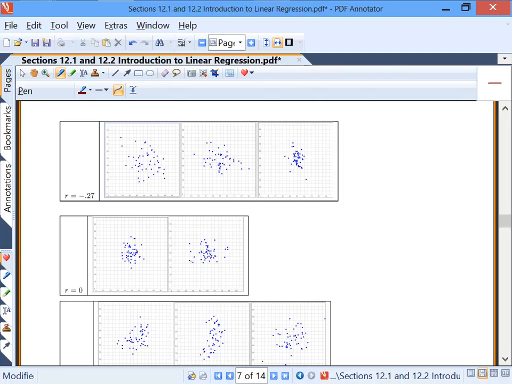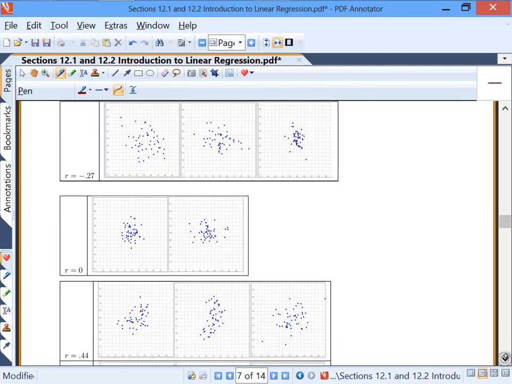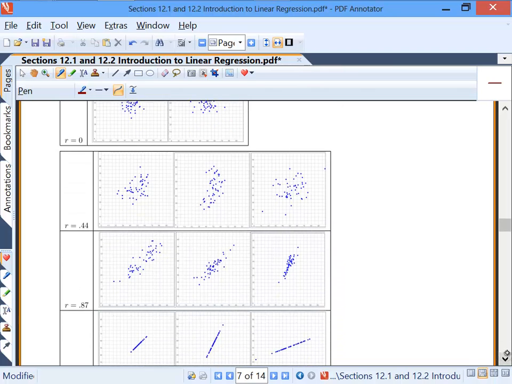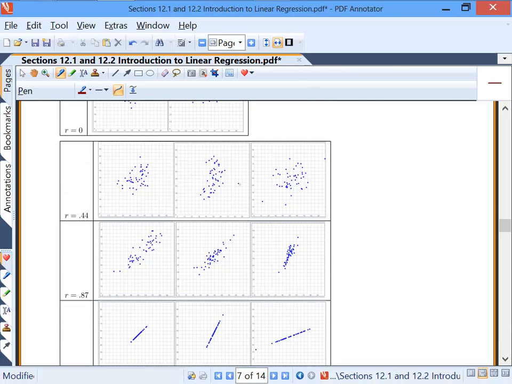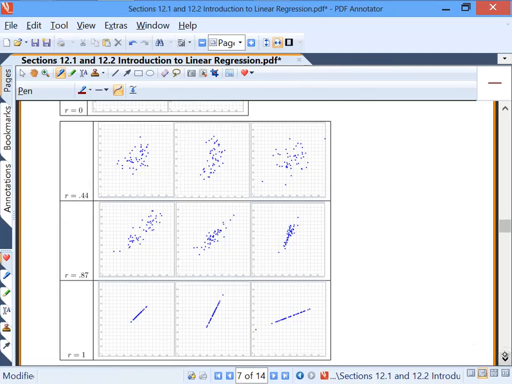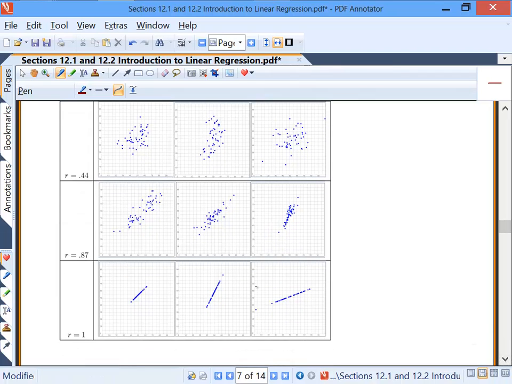At 0, there's no pattern. Even a correlation of 0.44, like in this one, it's kind of hard to tell if there's a linear relationship. These two seem a little more definite now. Correlation of 0.87, and again, three different sets with a correlation of 1.